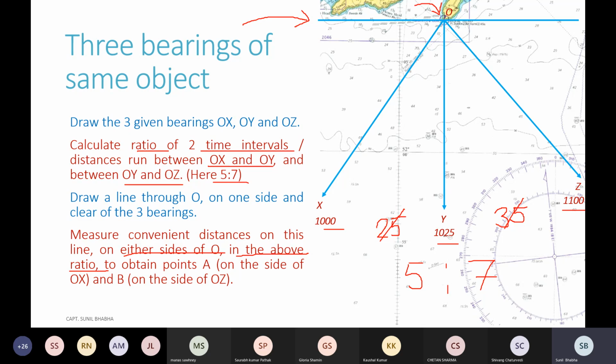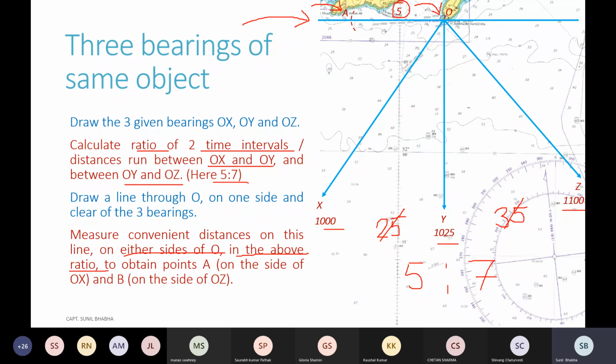So let's mark these two distances from point O. Now I keep my compass on object O, open it up equal to 5 nautical miles and I draw an arc. This arc cuts the line at point A. This point A is 5 miles from the lighthouse O.